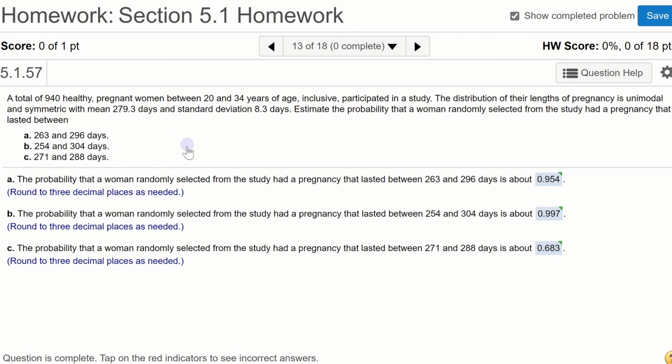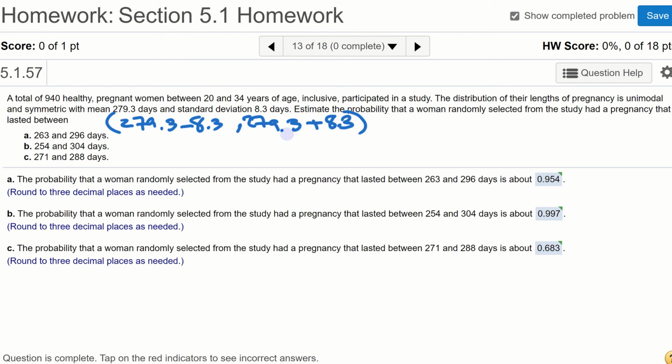Now, the best thing for us to do in a scenario like this is go ahead and take the mean, which is in this case 279.3 days, add 8.3, which is one standard deviation to it, and also subtract this one standard deviation from it. This will give us the 68% group, right?